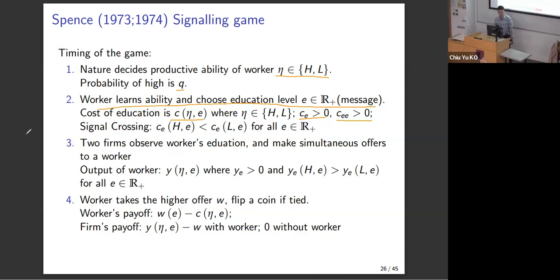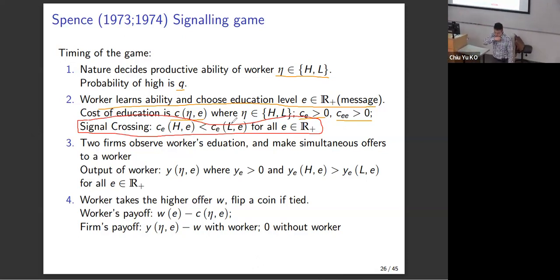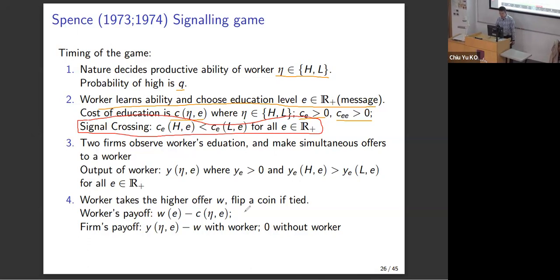A very important condition in this kind of model, which I should emphasize, is called single crossing. Single crossing means the marginal cost for the high type is lower than for the low type. I spent many years to understand what it means; hopefully you can understand right away.